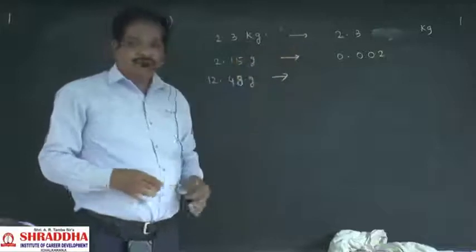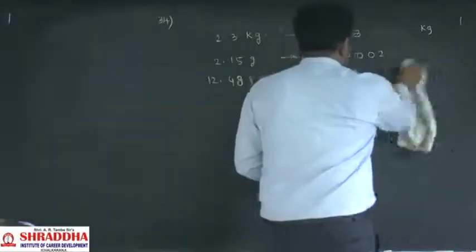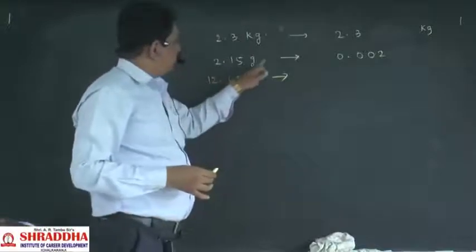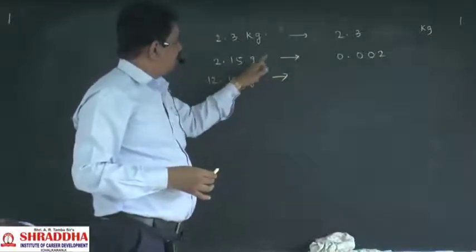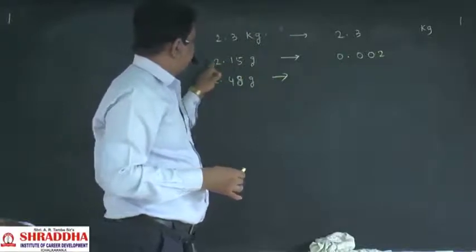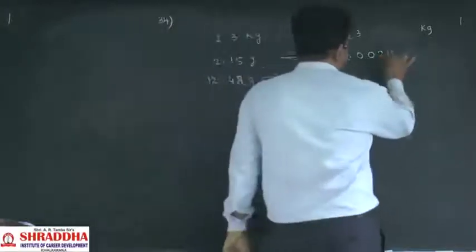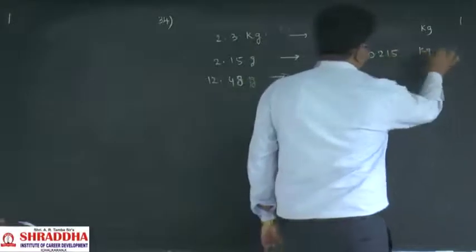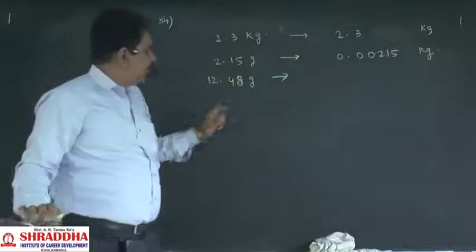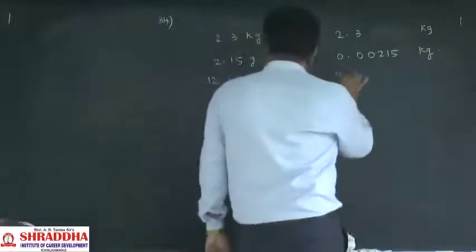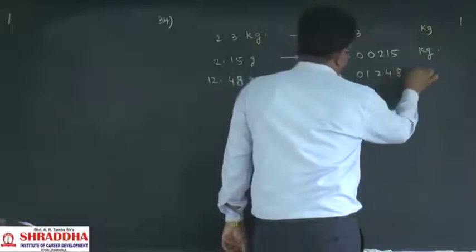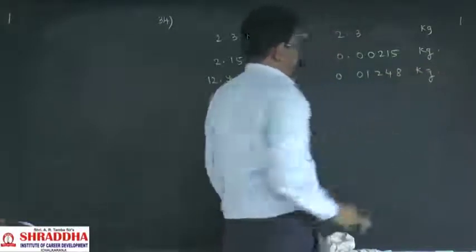2.3 kg, okay. First you convert them, then we will do. 2.15 into 10 power minus 3. So two zeros will come, so 0.00215 kg. Here 12.48, so 0.01248 kg.